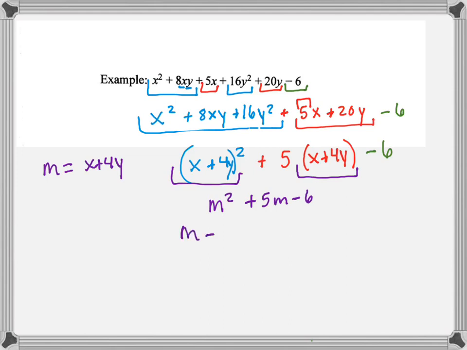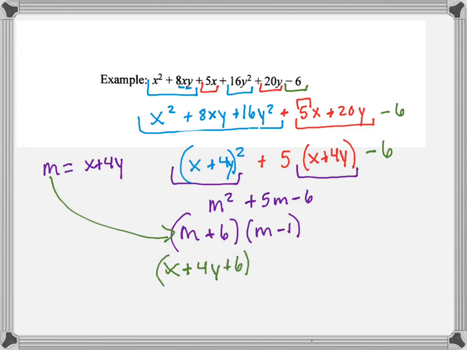So this is m plus 6 times m minus 1, right? But now we actually have to bring the m back in, so it becomes x plus 4y plus 6 times x plus 4y minus 1.